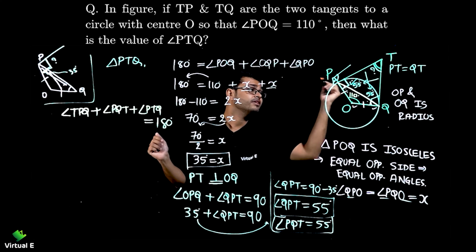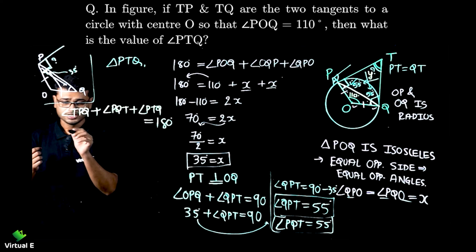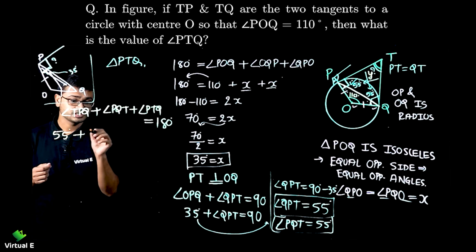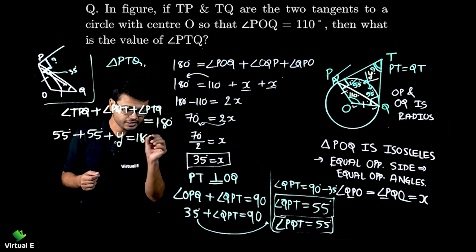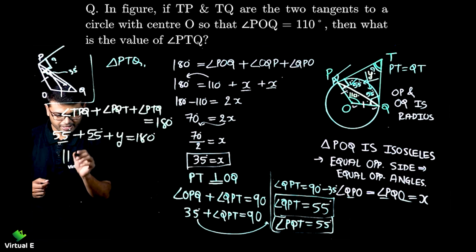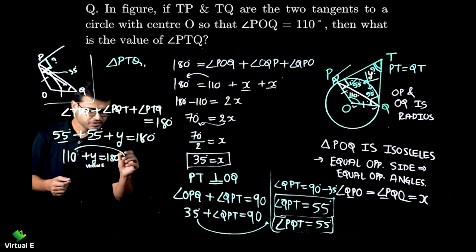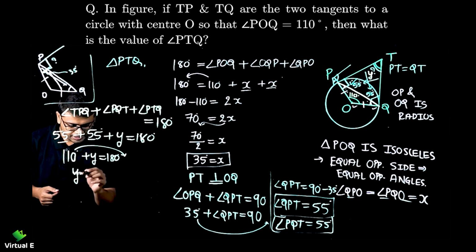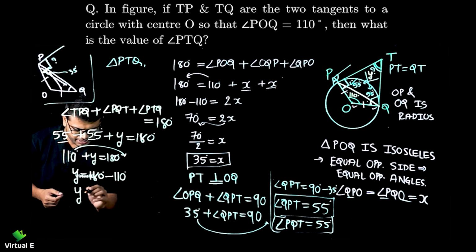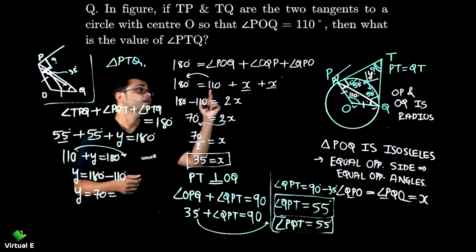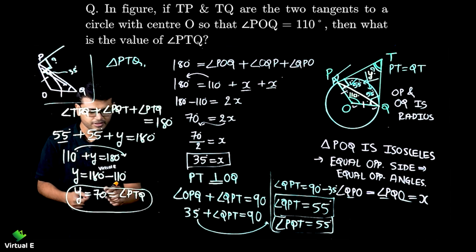Angle TPQ, this angle is 55, this is 55, and let's assume this as y. It will be helpful for calculation. So 55 degrees plus 55 degrees again, and the one we want to find, which is y, equals 180 degrees, right? Let's add them up. So that will add up as 110 plus y is equal to 180 degrees. Now let's shift 110 over there. So y is equal to 180 degrees minus 110. So y is equal to 70 degrees. That's my answer. Angle PTQ. That is the value of the angle.